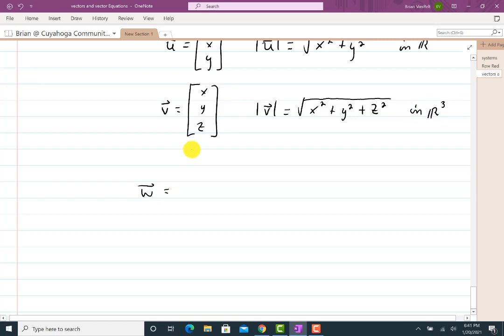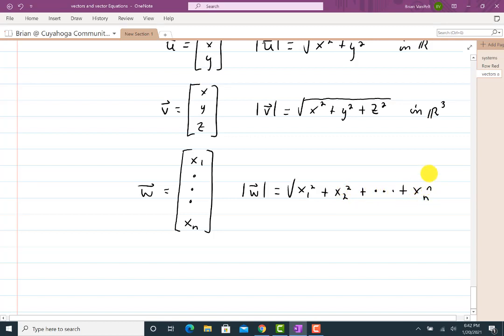And if w equals (x1, up to xn), then the absolute value of w is the square root of x1 squared plus x2 squared plus all the way up to xn squared. So you can see that in n dimensions, while we cannot even visualize a vector, we still have a notion for its length.